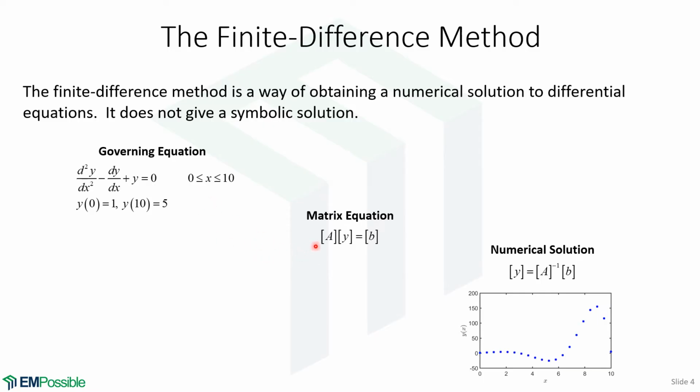Maybe it was the method of moments or something else entirely. So finite difference method lives here, and then we can plot our answer. And in a nutshell, this is what we're trying to do. And notice, this is not a symbolic answer. Now, we may get a function that we recognize as something symbolic, but it is not a symbolic answer. We're getting a series of numbers that we plot, and that is our answer.